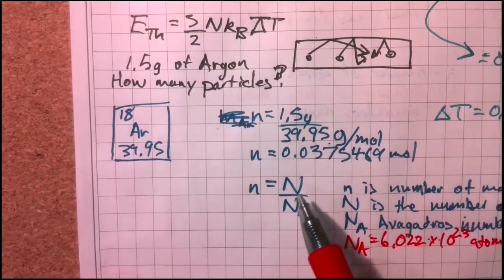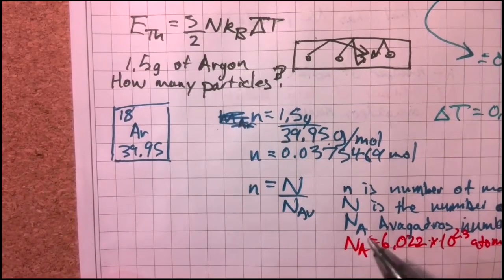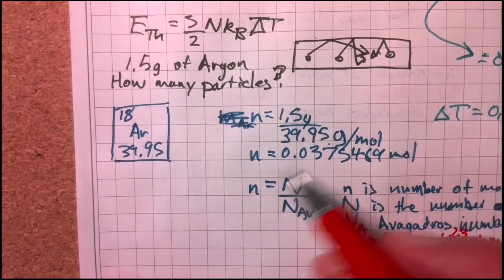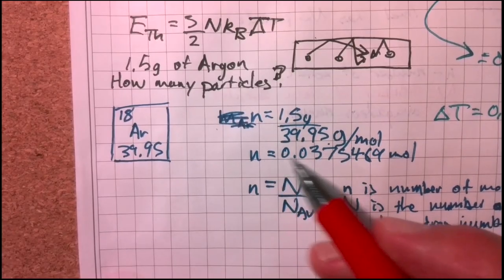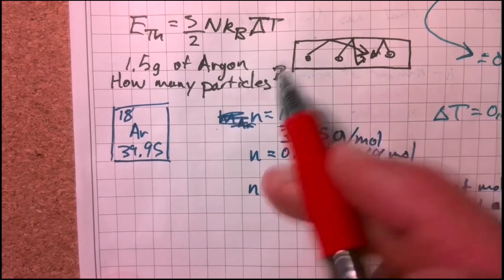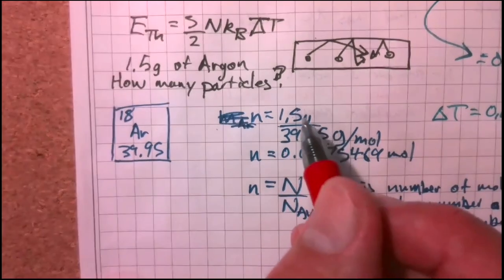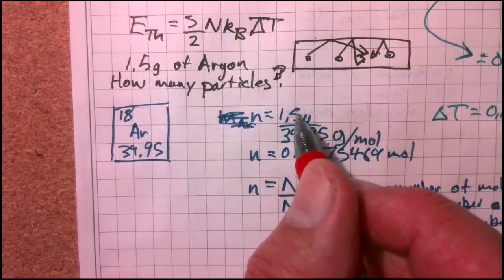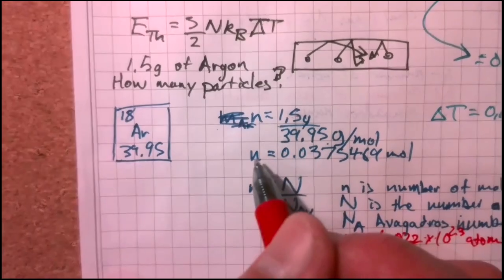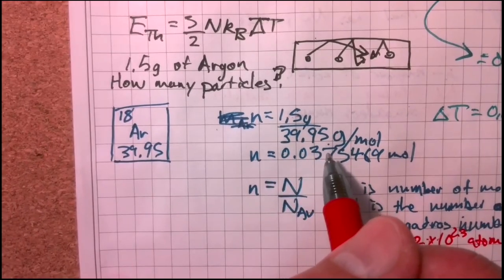Did I already find n? Oh, I found n, the number of moles. I took the mass of the argon that we had and divided it by its molar mass. This tells me n, the number of moles.